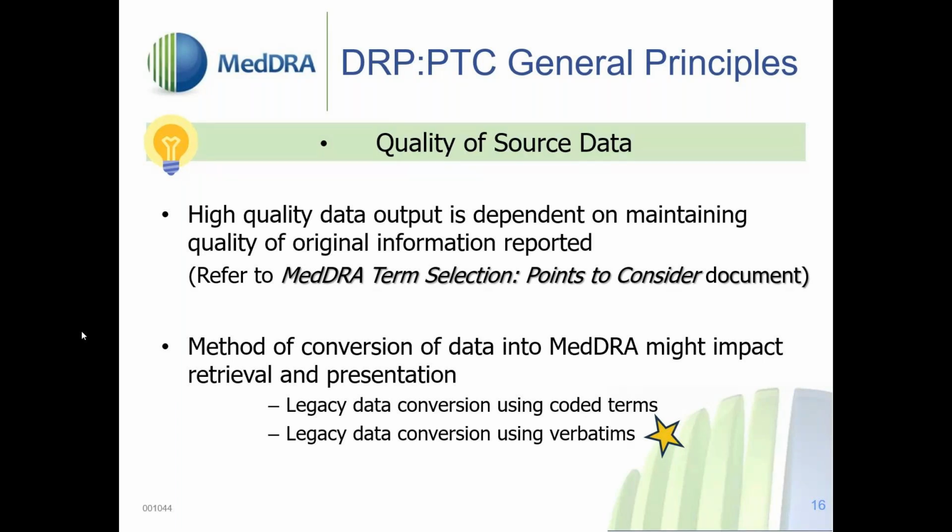And there are several ways to convert legacy data, and one would be just taking the coded term and converting that by just recoding that coded term for legacy terminologies like COSTART, WHOART, ICD-9, and HARTS. Many of those terms have been added to MedDRA at the LLT level, so this is an easy exercise. For other terminologies, you might have a map available like the ICD to MedDRA map or the bidirectional mapping between MedDRA and SNOMED. So it really depends on how you convert your data.